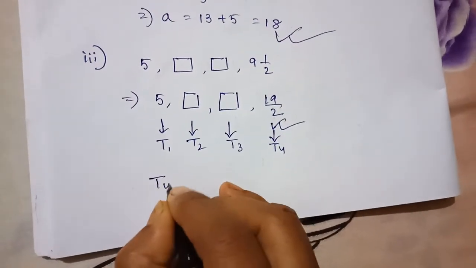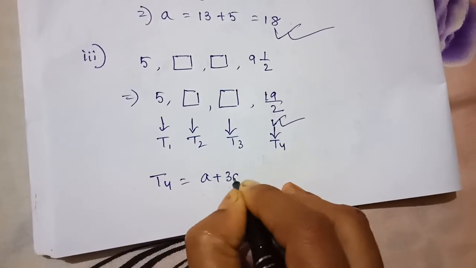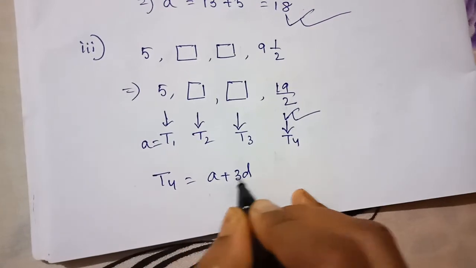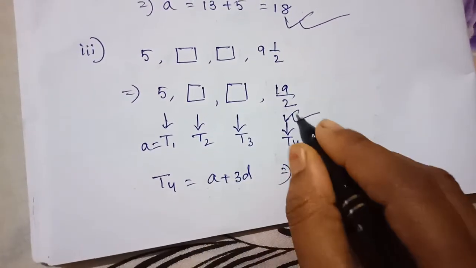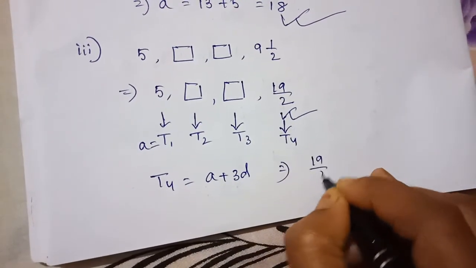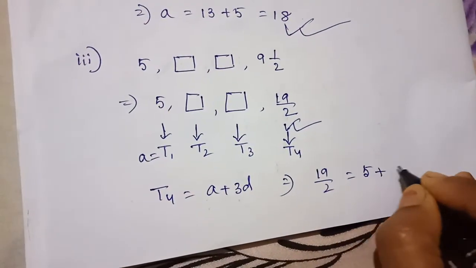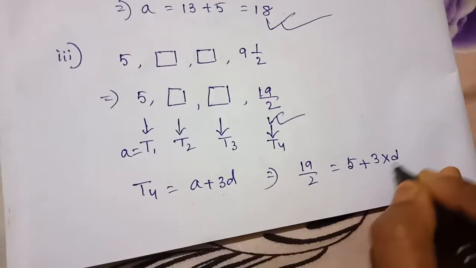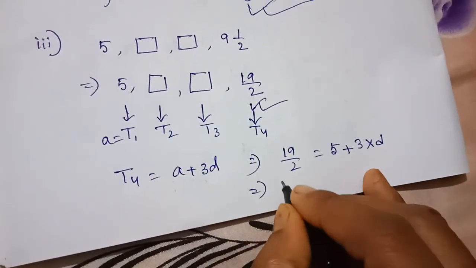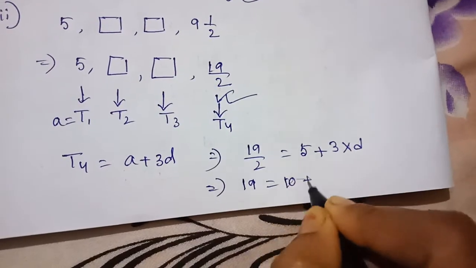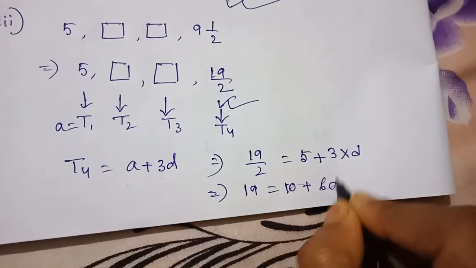Now we all know that T4 equals A plus 3D. T1 means A. So T4 equals A plus 3D. T4's value is given as 19 by 2, A's value is given as 5. That means 5 plus 3 into D. D we don't know, we have to find it out. Ultimately we get 2 fives are 10 plus 2 threes are 6D.